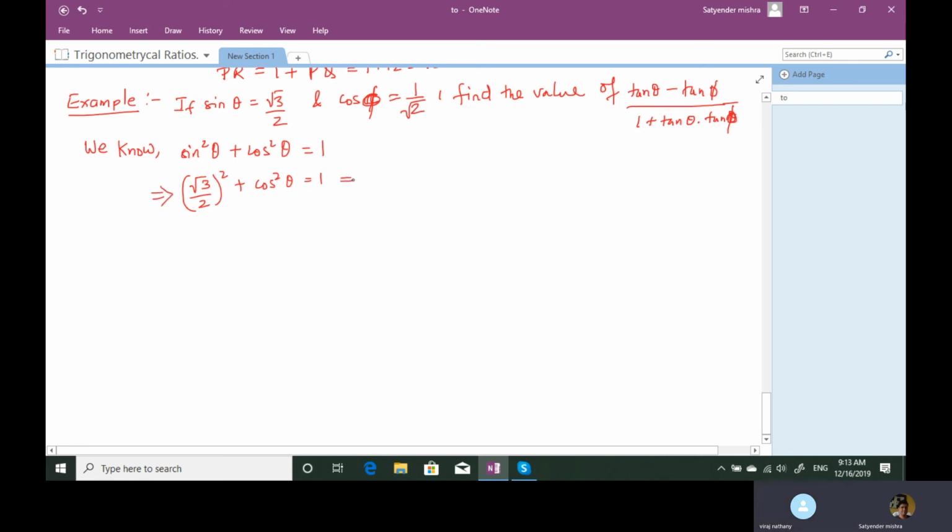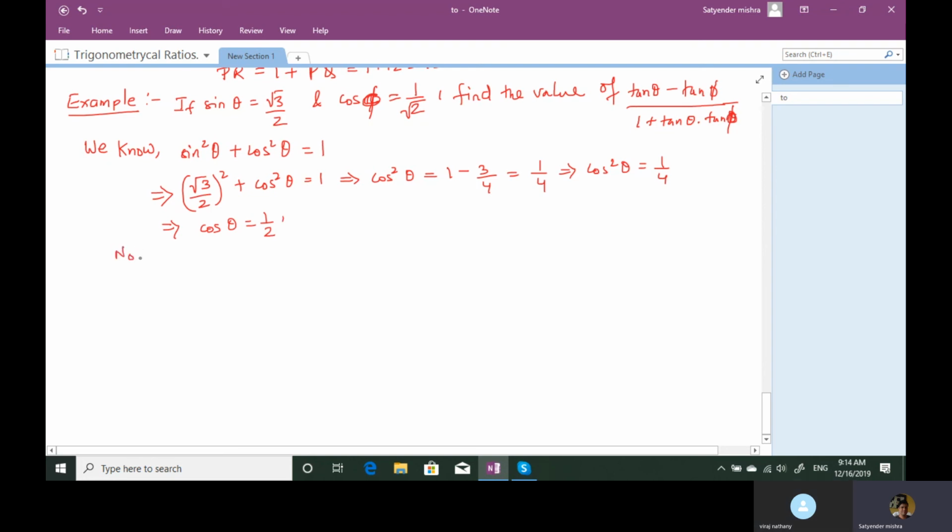Right? And this implies cos square theta equal to 1 minus 3 by 4, which is equal to 1 by 4. Now this implies cos theta is equal to 1 by 2. So we got cos theta, right? So we can find out tan theta very easily.